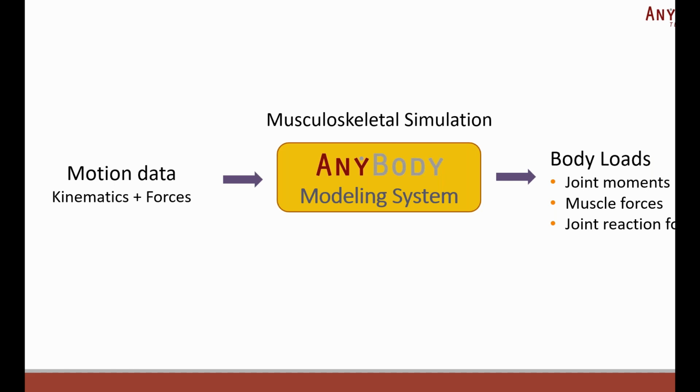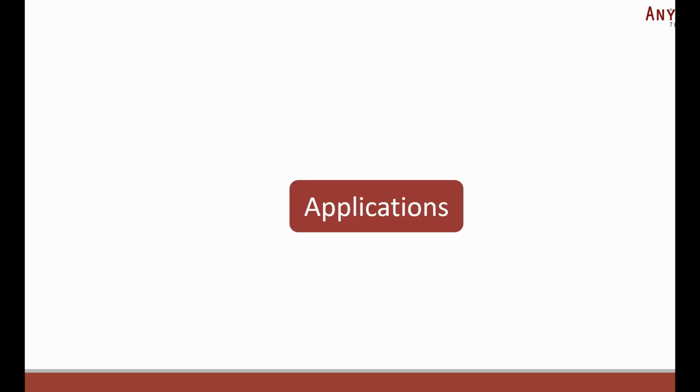After this, we provide all this input into the antibody modeling system, and as an output, we get internal body loads and all kinds of measurements such as joint moments, joint reaction forces, muscle activations, and so on. So this is a very detailed biomechanical model.